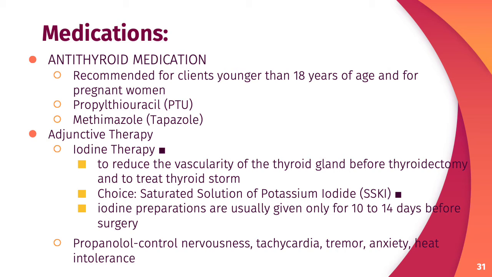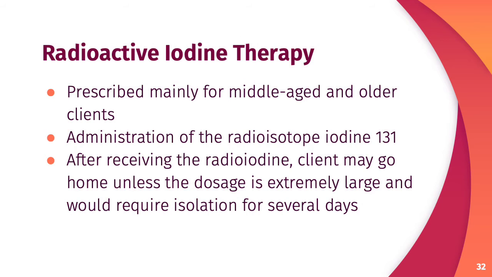Another adjunctive therapy could be the use of propranolol. This can control nervousness, tachycardia, tremors, anxiety, and of course heat intolerance. Another management we can do for hyperthyroidism is radioactive iodine therapy.